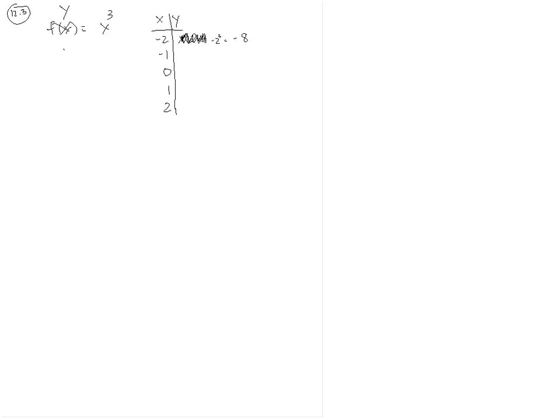If I plug in a negative 1 for x, I get negative 1 cubed, which is negative 1. If I plug in 0, 0 cubed is 0. If I plug in 1, 1 cubed is still 1. And if I plug in 2, 2 cubed is 8. All right, now to graph this, let's look at what it's going to look like.